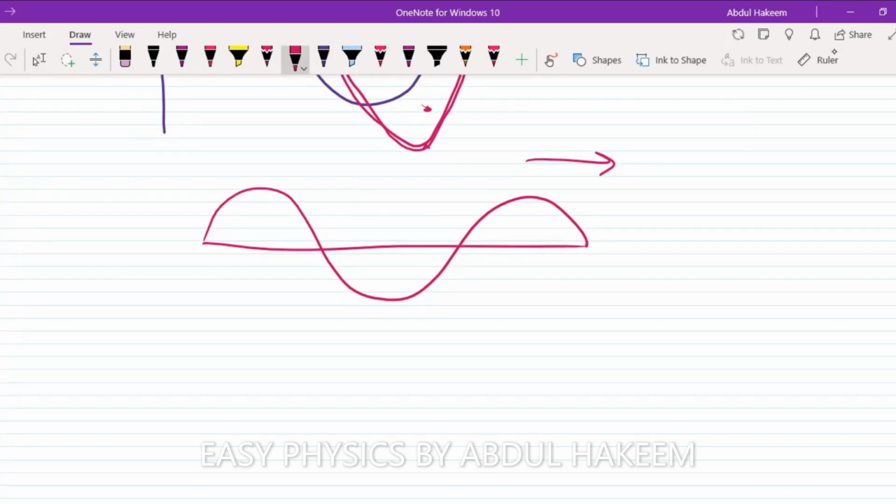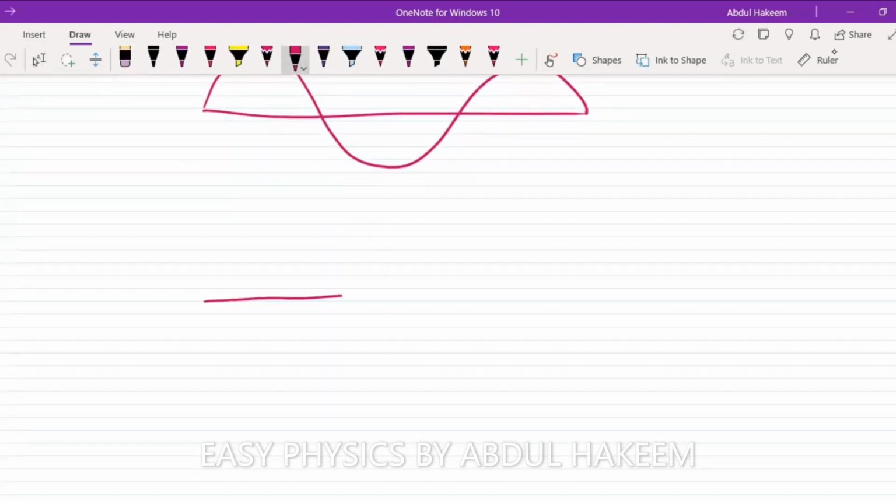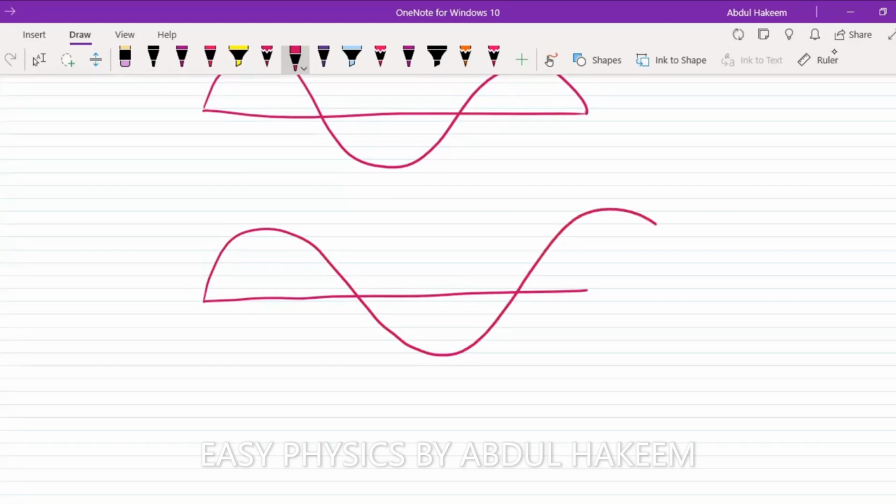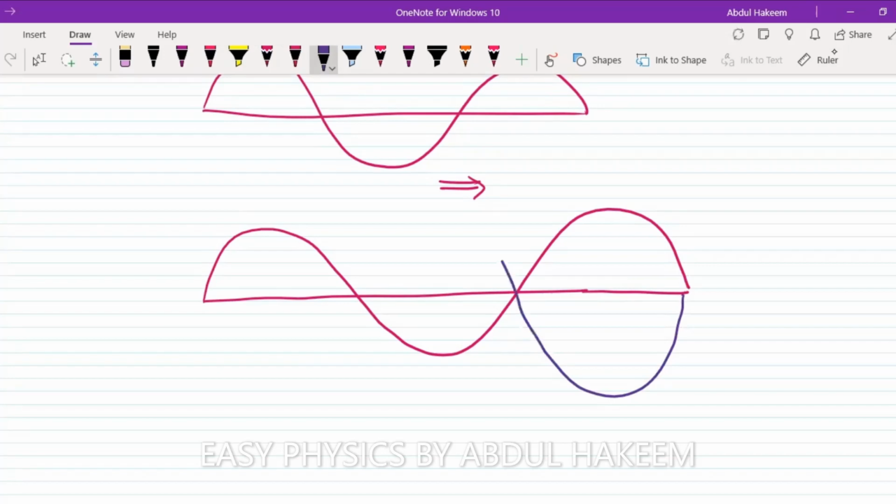But the stationary wave consists of 2 waves. One wave is traveling in one direction and it carries energy, but the other wave travels in the opposite direction due to reflection from a hurdle and brings the energy back.